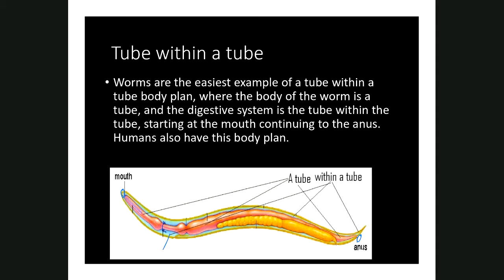Okay, so this portion here, the area in blue, kind of green in other places, is coelomic space. Right? And then there's the skin on the outside. So the skin and the coelomic space form the first tube, and then the digestive tract forms that second tube. So you have a tube within a tube.